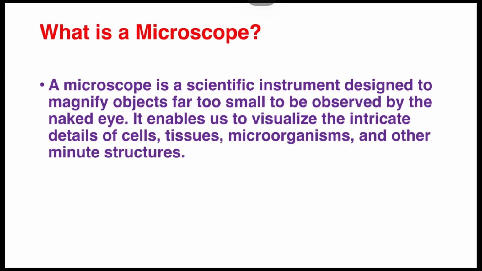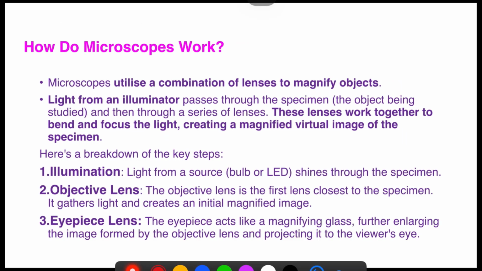So what is a microscope? It is a scientific instrument designed to magnify objects far too small to be observed by the naked eye. It enables us to visualize the intricate details of cells, tissue, microorganisms and other minute structures. So how do microscopes work? They utilize a combination of lenses to magnify objects.